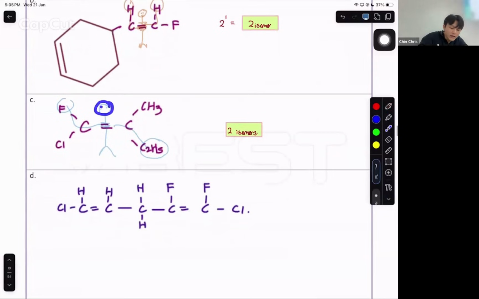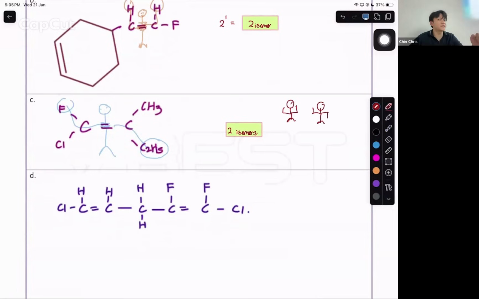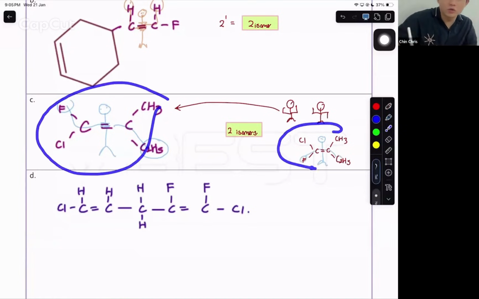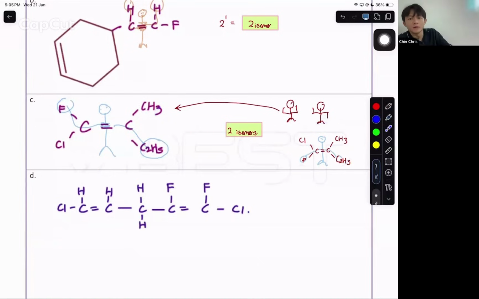Because you can either draw this or you just imagine a guy, cis-trans is always drawing stickman. I can draw a stickman that looks something like that. I can also draw a stickman that looks something like that. This one, I can put my F down, Cl, CH3, C2H5. Like that one. Do you see 2 isomers? Now, this one or this one? 2 isomers. Understand? Okay, next one, guys.